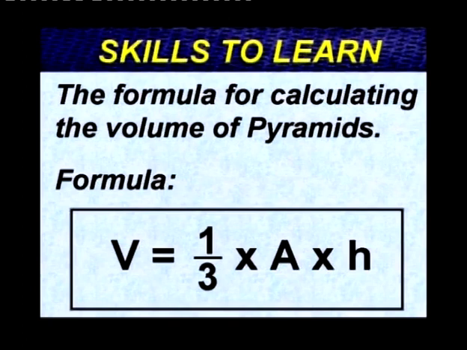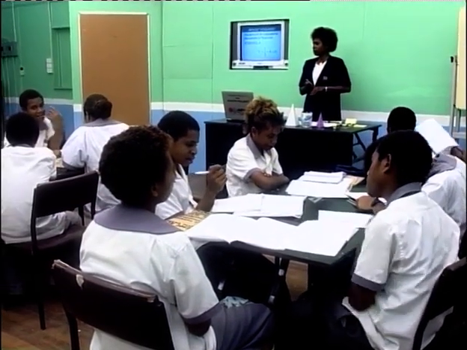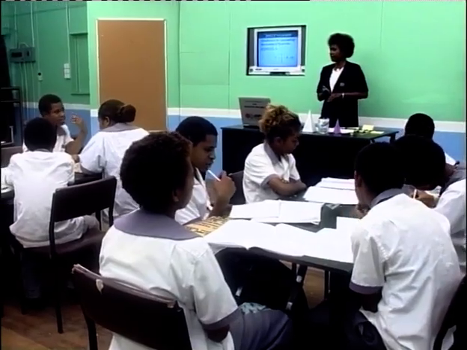The formula for calculating the volume of a prism would be, Hela? Volume equals area times height. Okay, that is the formula for calculating a prism.